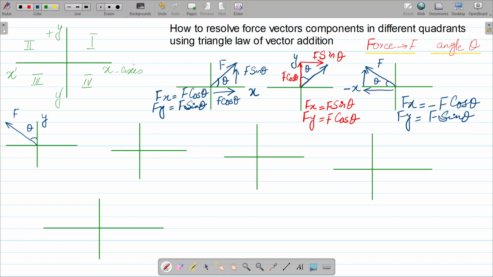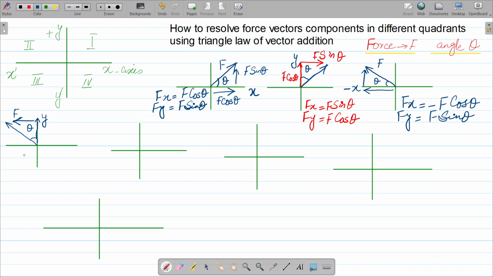It is again very easy. We will be using the head to tail rule. This will be our component along the y-axis, and then this is the component along the x-axis.